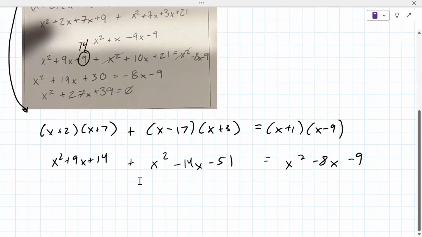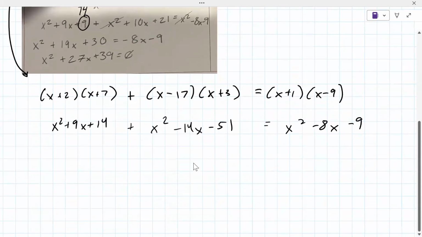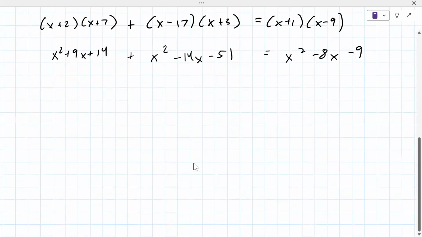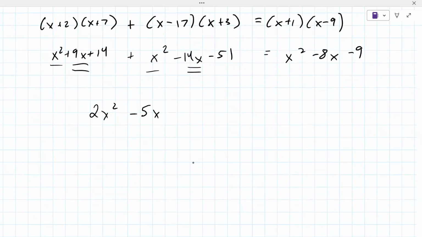Any questions on this part? No. Okay. All right. So now we can combine like terms on the left. So 2x squared minus 5x minus 37 equals x squared minus 8x minus 9.